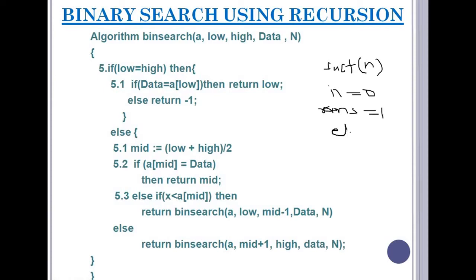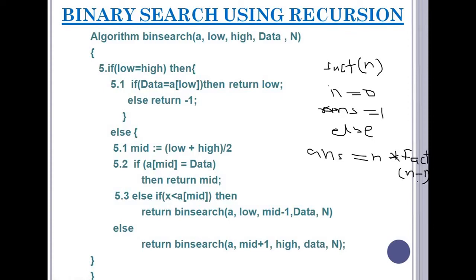Else, which means my n is not 0, my answer is n multiplied by fact of n minus 1.